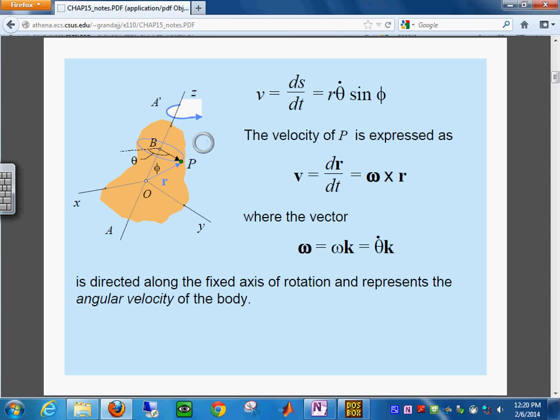So omega cross r, if you look at the right-hand rule here, you point one finger towards the axis, and then the other finger along Vp. You will see that the direction of the cross product is this way. And that's what this tells us, that the velocity of P is the derivative of the position vector r, which is, in this case, omega cross r.